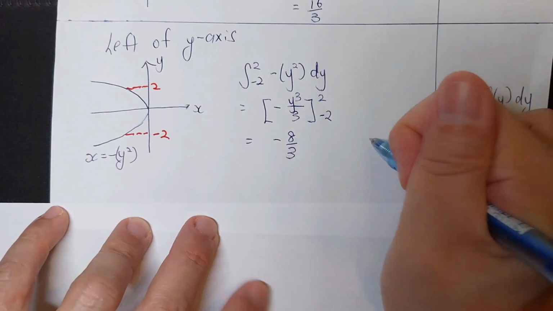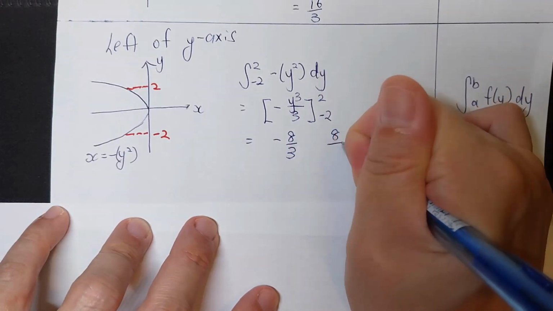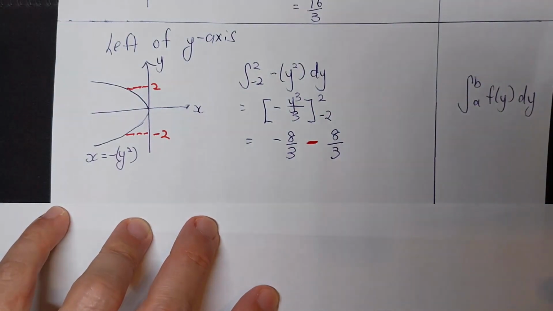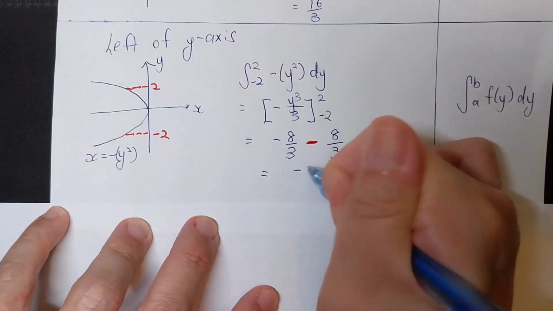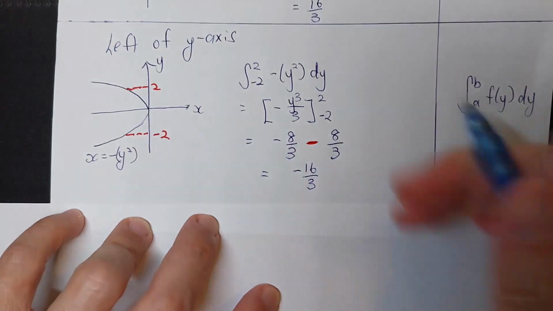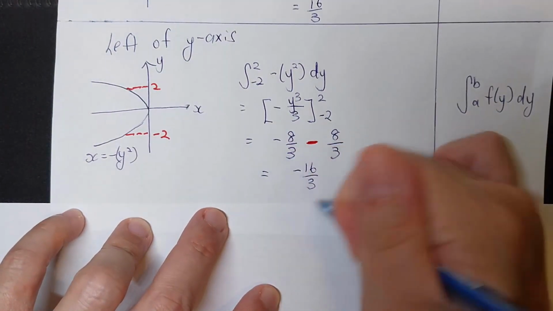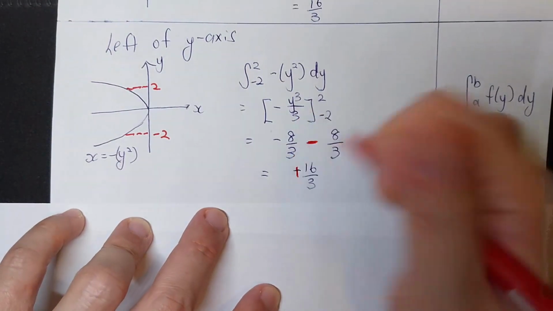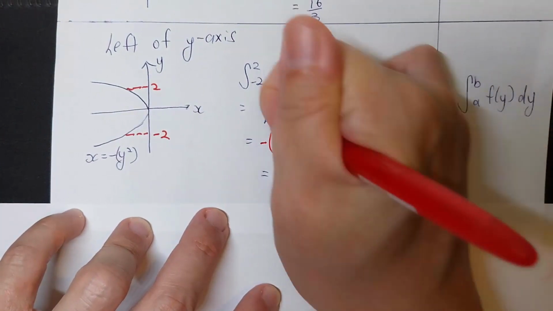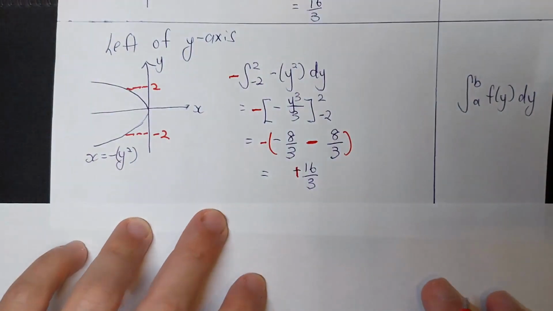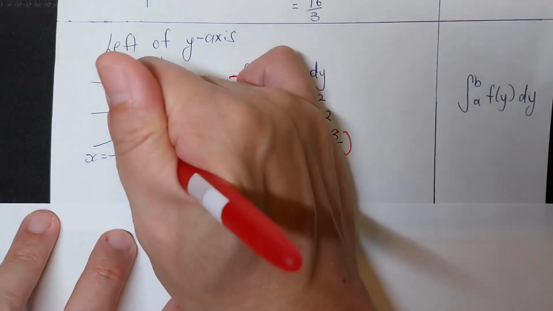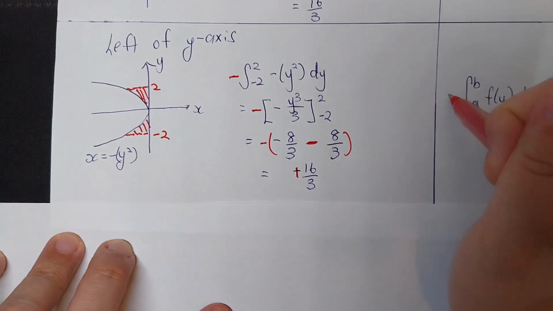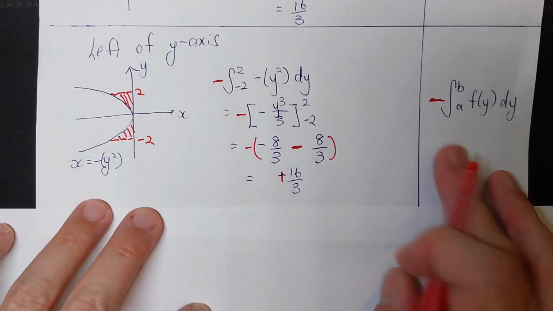If we sub in the value of negative 2, we will have 8 over 3. We will subtract these two values, and that will give us negative 16 over 3. You realize that now the area is negative. So we must change it to positive by adding a negative to every single step. So if the curve is on the left side of the y-axis, we need to add a negative sign before we integrate.